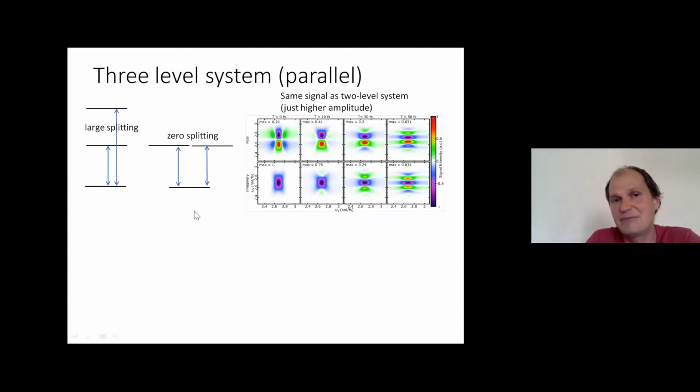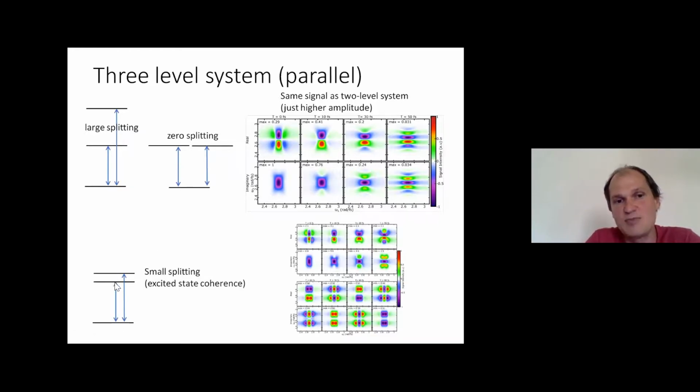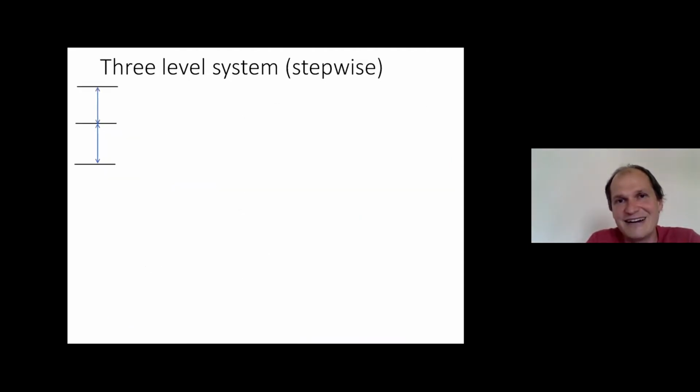You will get the very same picture again. If both dipole moments here are the same, you will get 4 times, not twice, but 4 times the 2-level signal. If the splitting is small, let's say these are vibration levels or 2 closely spaced excited state coherences, you see something, but I will keep it for later. I don't want to discuss it now. We are not ready for that.